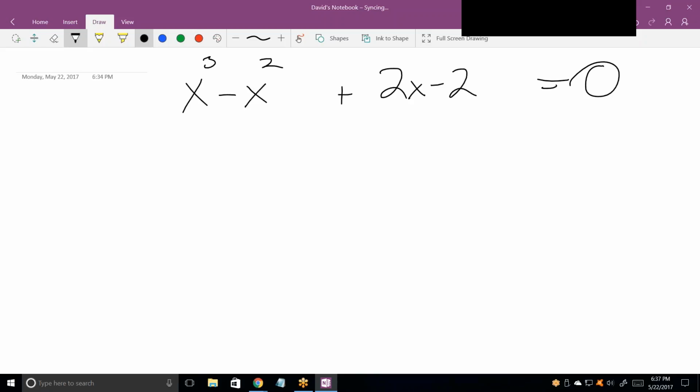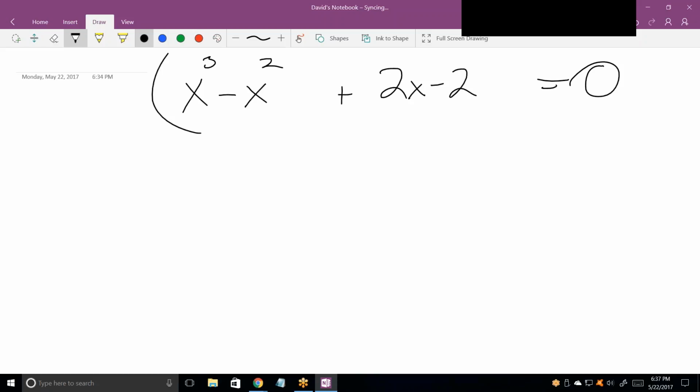Now, the reason they put parentheses around it is because this is one of the very rare cubic equations that can be solved easily using grouping. Very few cubics lend themselves to grouping.